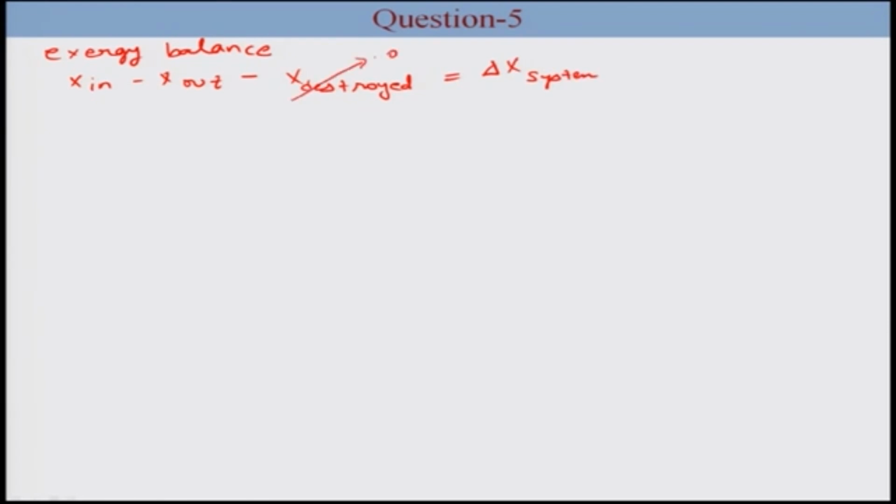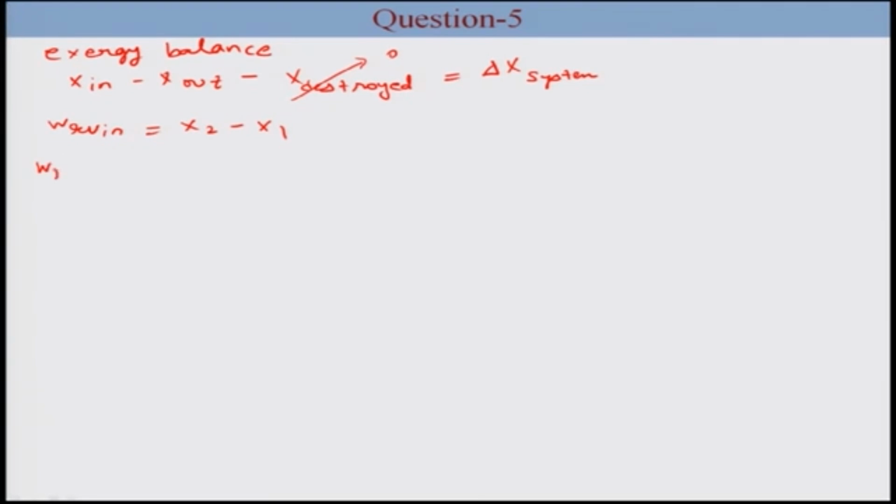Exergy destroyed is set to 0. So from here we get work reversible input is equal to X2 minus X1. X1 represents the initial state and X2 represents the final state.